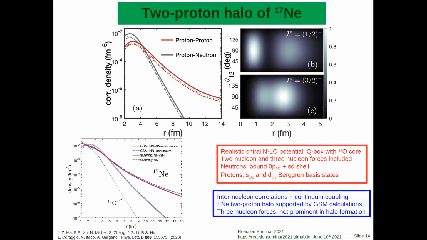And we can see that even though here we include three-body forces, but no continuum, we don't have any halo, and here it's the opposite. With or without three-nucleon forces, we have a halo. This means that in order to produce a halo, it is continuum coupling which is the most important. The three-nucleon forces are important only for energy, but not for asymptotic properties.